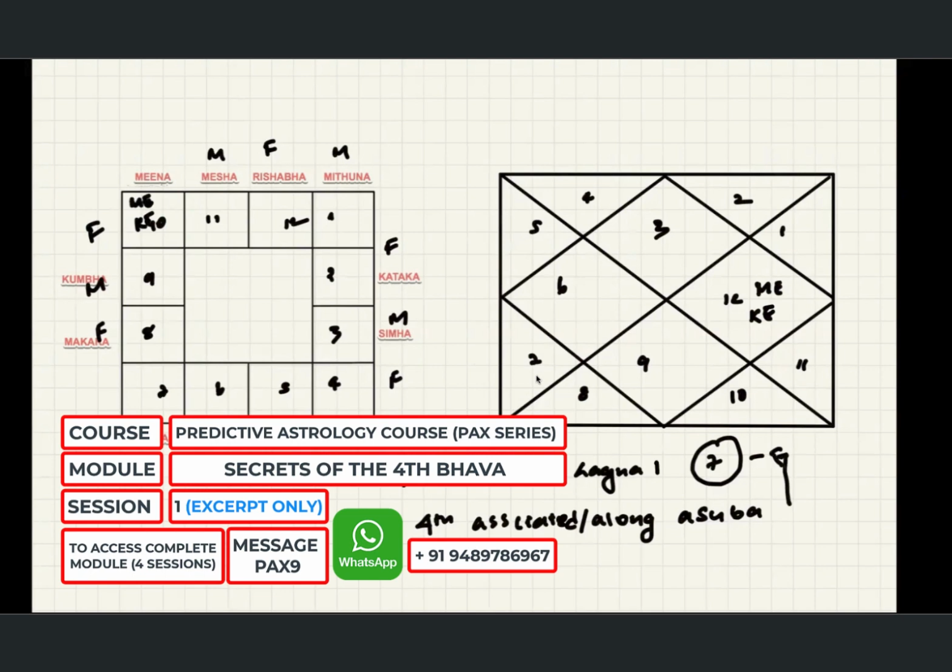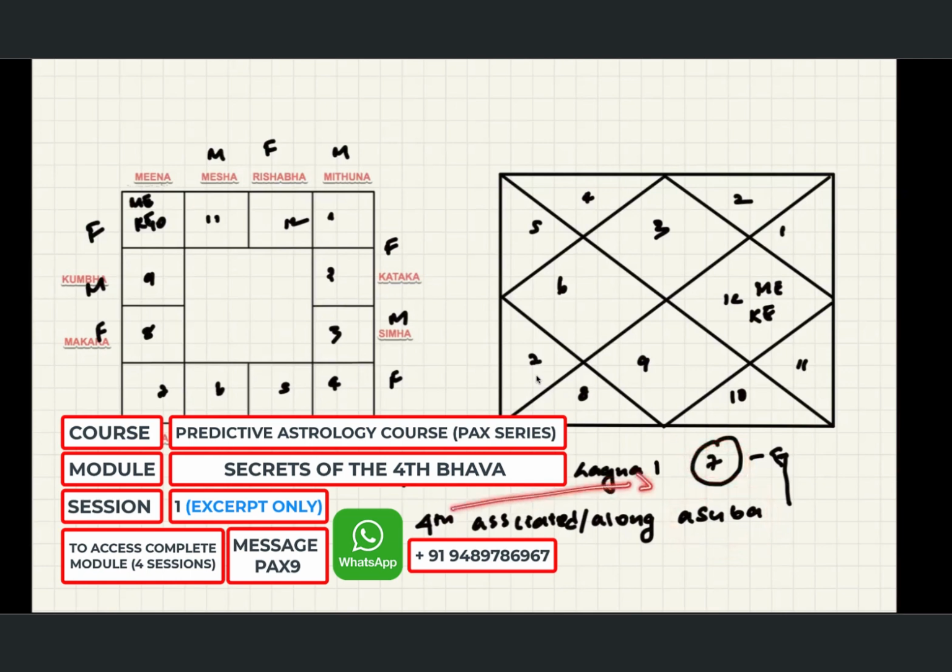So here, what will happen is Lagna, I'm marking this for you, is moving towards Kalatra. Okay, fine. You can move towards Kalatra, you can get married. The fourth, which indicates the beauty, is associated with the Ashubha Graha and is also connected with the seventh.